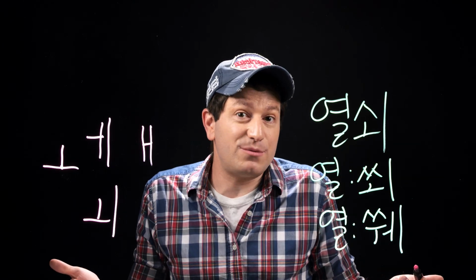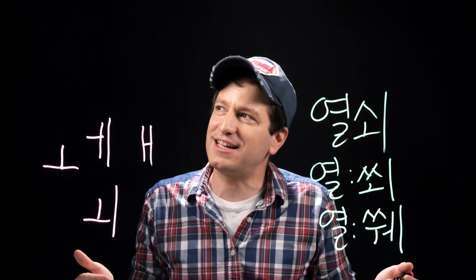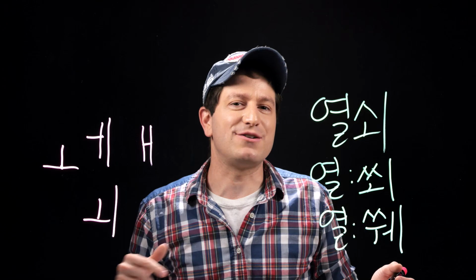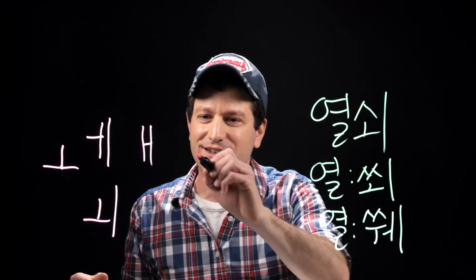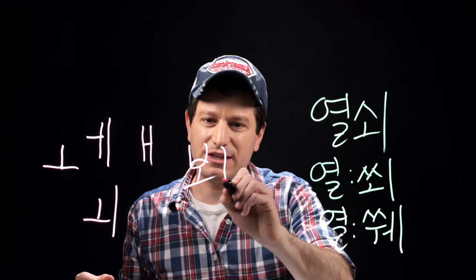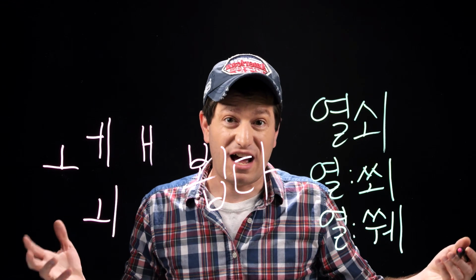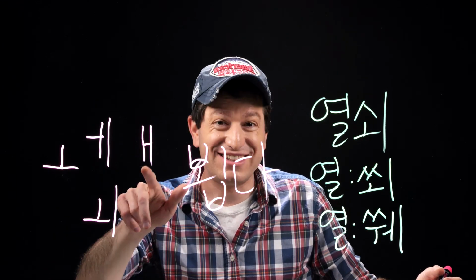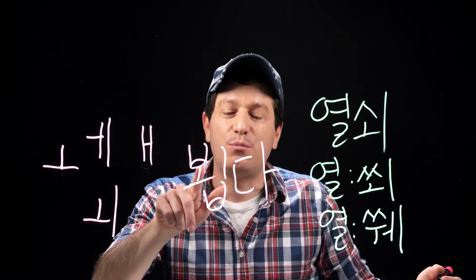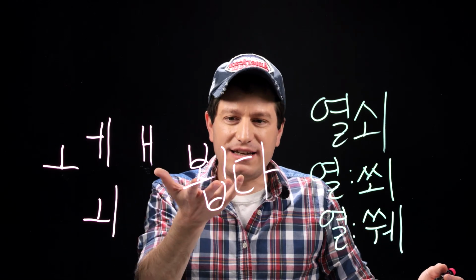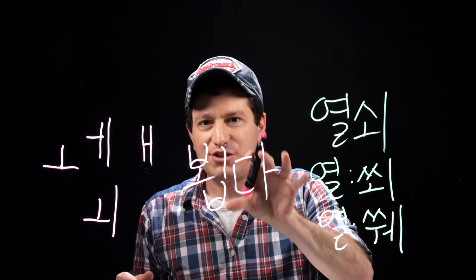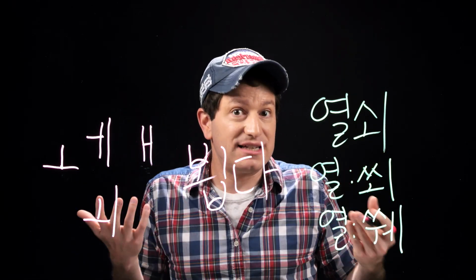Some modern words that we still use today are still pronounced with this older vowel sound. For example, the really common word 뵙다. This is not pronounced with widened lips like you would say we. So this word is an example, and there are some others that use that older pronunciation that still applies today.